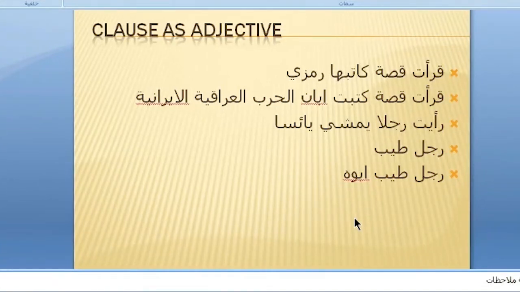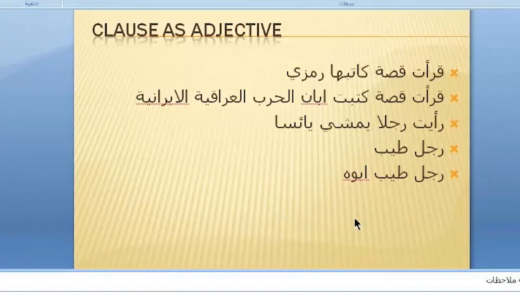In Arabic, grammarians, النحويون العرب, say that sometimes the adjective modifies the noun directly, مباشرة. رجل طيب، هاي الطيب توصف الرجل، ما توصف شيء آخر بعد. أوكي، هذا الوصف يسمونه شنو؟ مباشر أو حقيقي. رجل طيب.